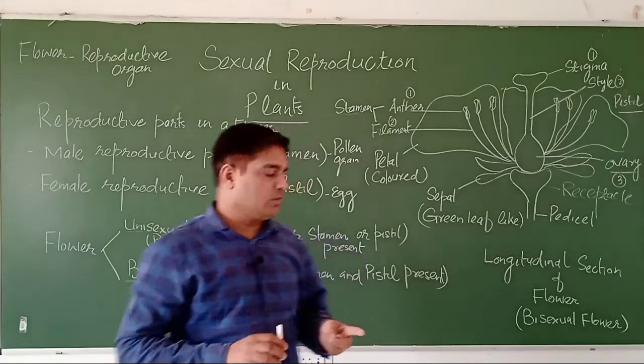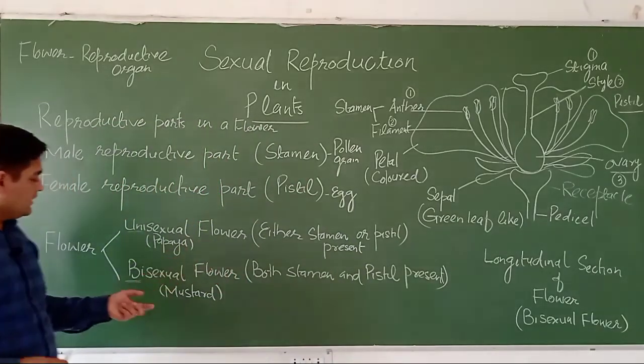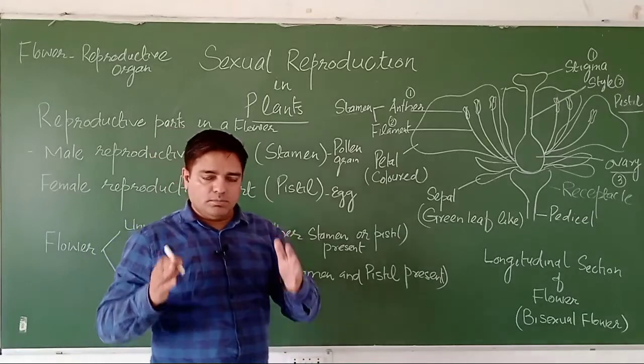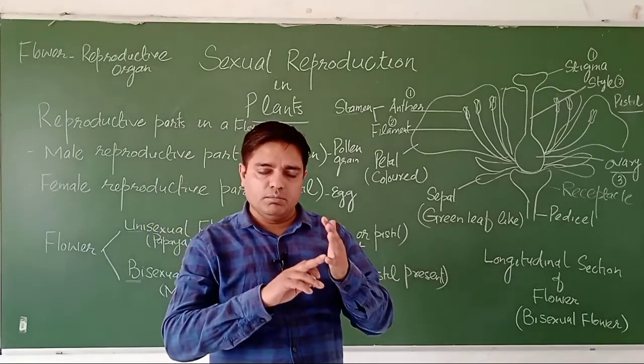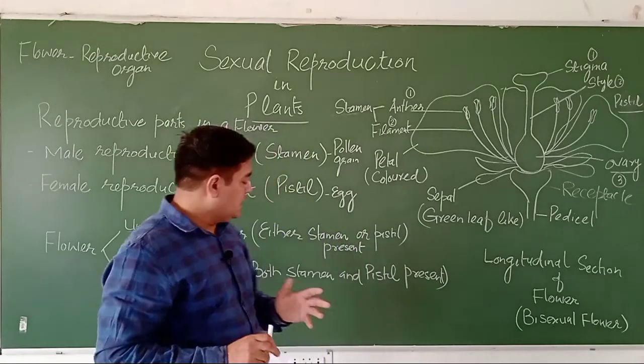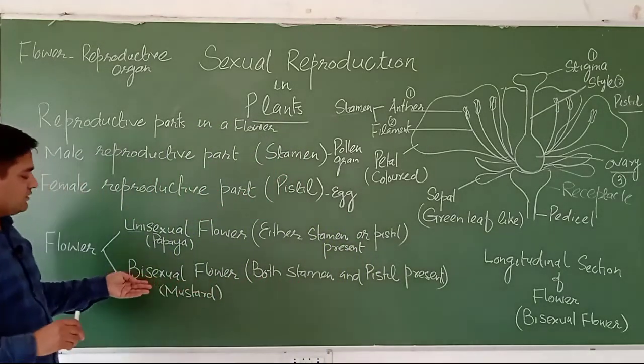In a bisexual flower, both the male reproductive part and the female reproductive part are present.